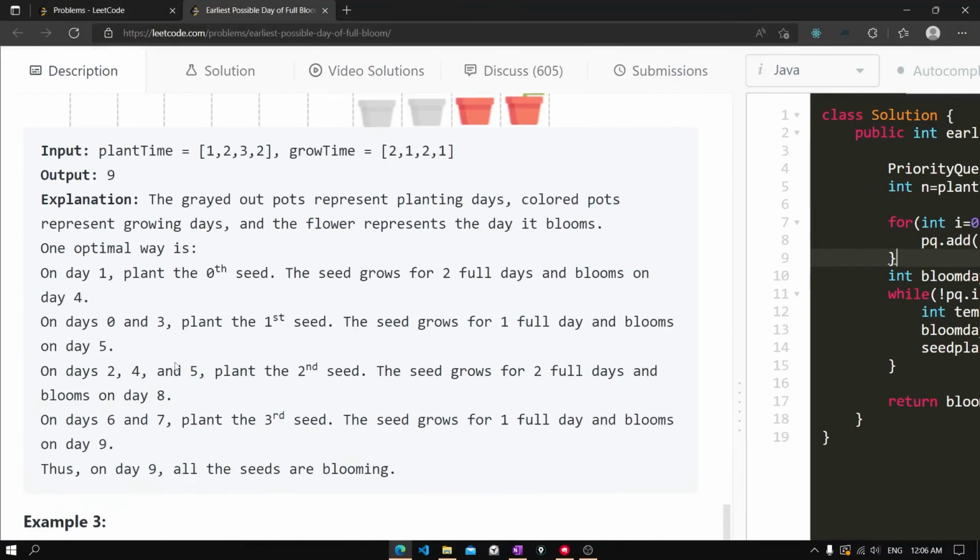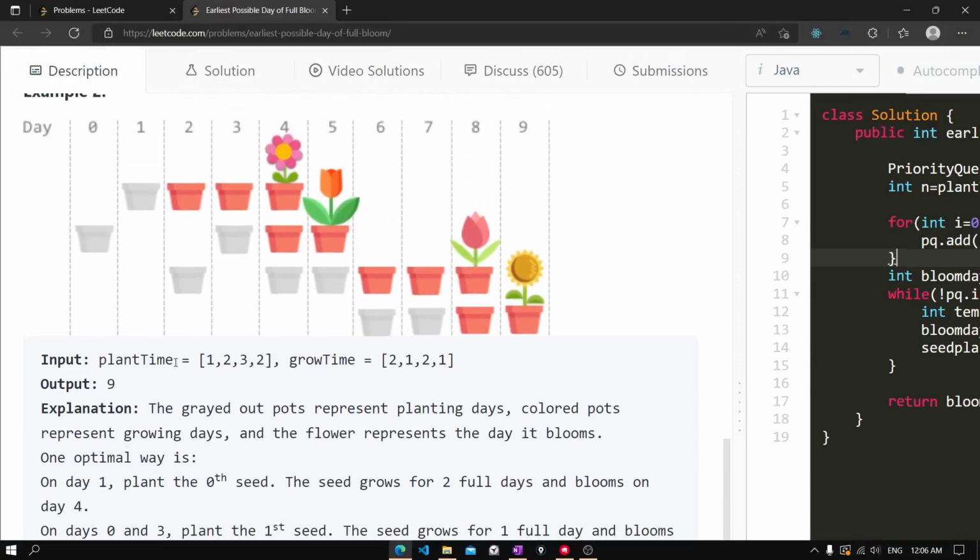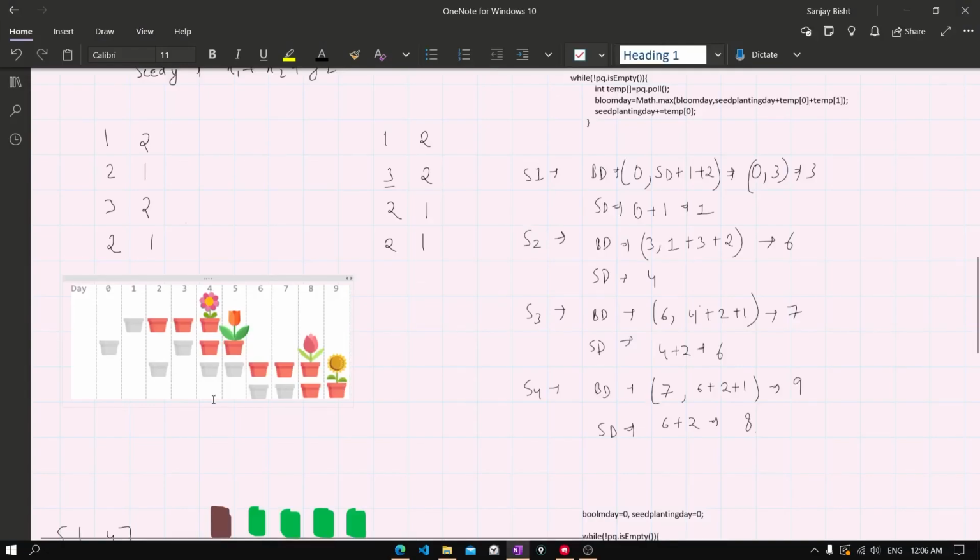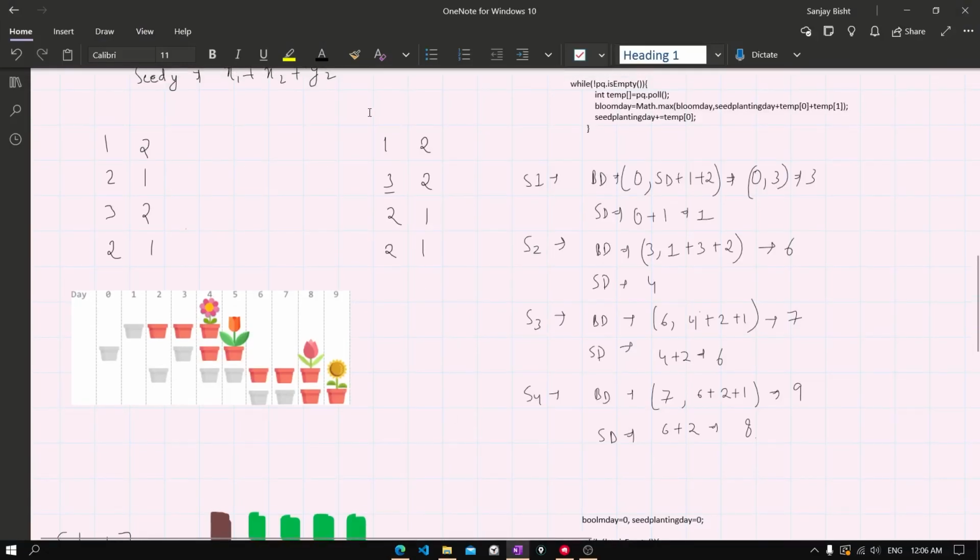This is example 2 which we are looking at. We have sorted them in this order, and we are processing seed one first. We add 0 plus the planting day, so it will be 3, and our seed day will be the existing 0 plus 1, so it will be 1.